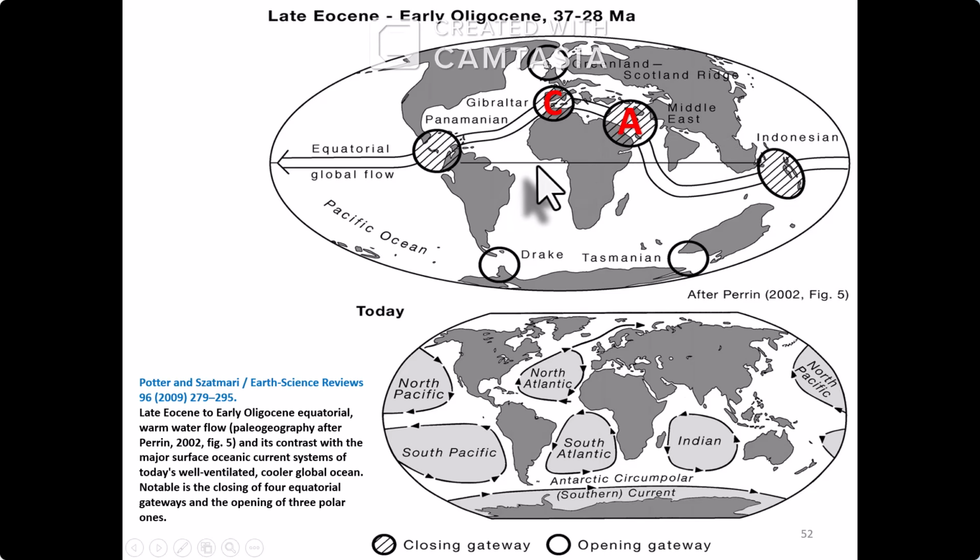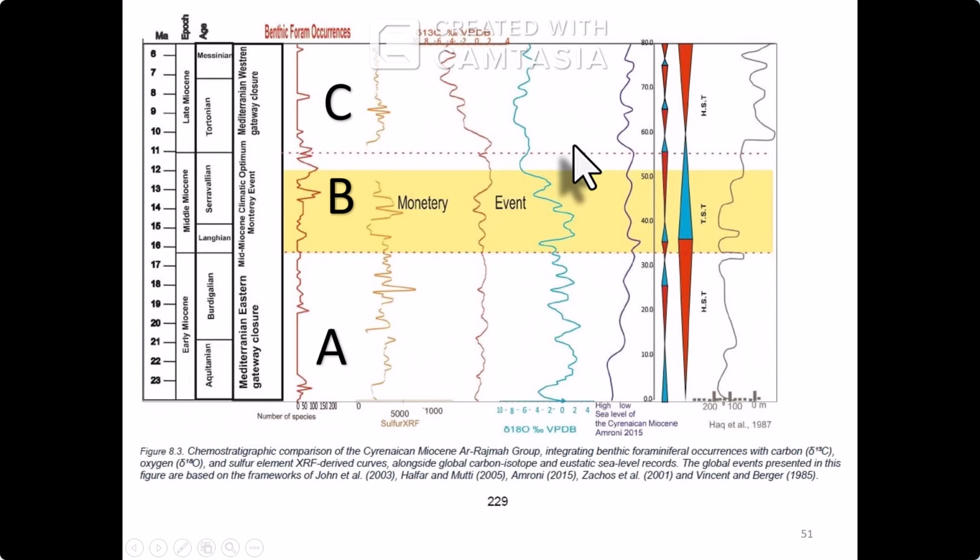This study showed that forams recorded three major events. A collision in the East Mediterranean and the closure of the East Mediterranean led to the declination of fossils, with no replenishment from the eastern side.